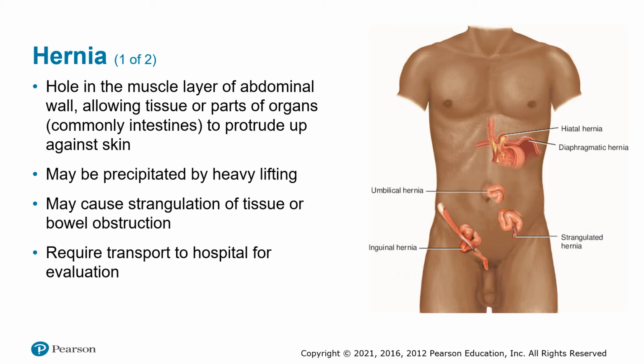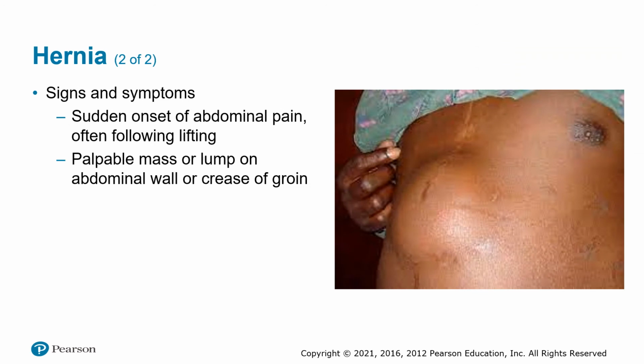Sometimes patients don't go and get surgery because they don't require it, because it's a small hernia or something like that. So sudden onset of pain, often following lifting. They may have a palpable mass or lump on the abdominal wall or crease of a groin.